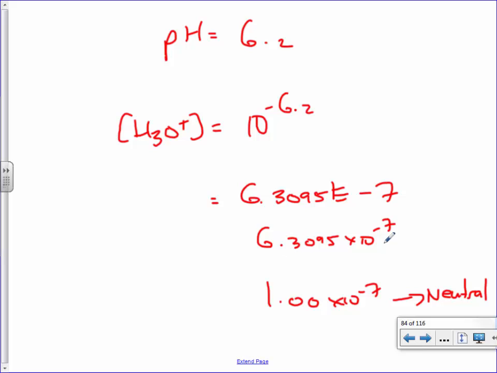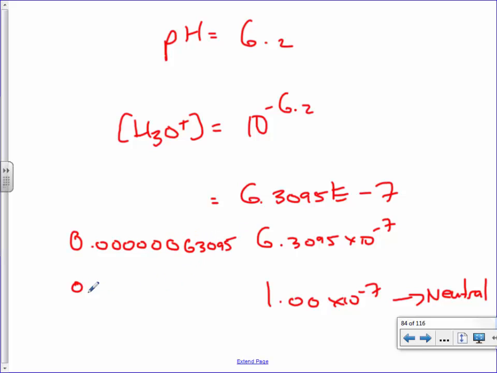This is 6.3 to the minus 7. This is 1.0 to the minus 7. This one's a bigger number. Does that make sense? Is it a lot bigger? Not a ton. It's a little bit bigger, right? If I were to write these numbers out, this number is 0.00000063095.